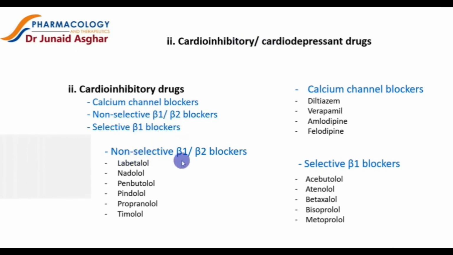Non-selective beta-1, beta-2 blockers include labetalol, nadolol, penbutalol, pindolol, propranolol, and timolol. So that lovely olol or lol group. Selective beta-1 blockers include acebutolol, atenolol, betaxolol, bisoprolol, and metoprolol. Whereas calcium channel blockers include diltiazem, verapamil, amlodipine, and felodipine.